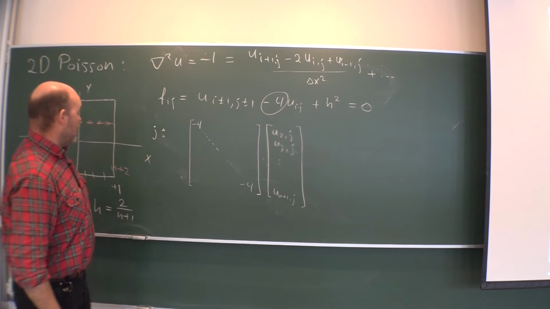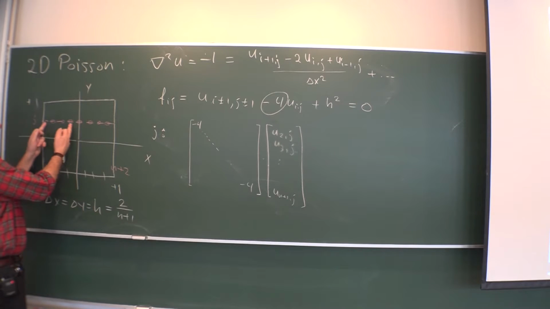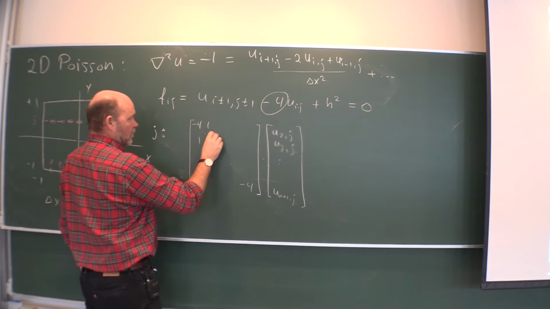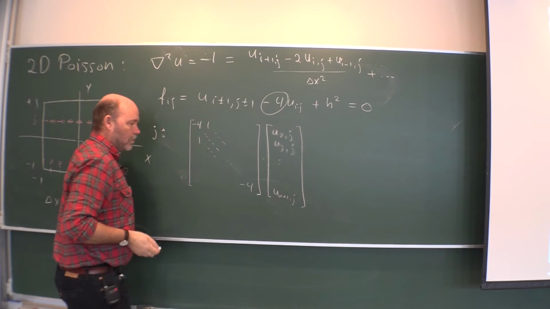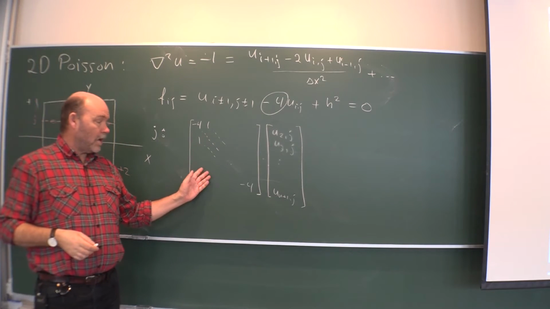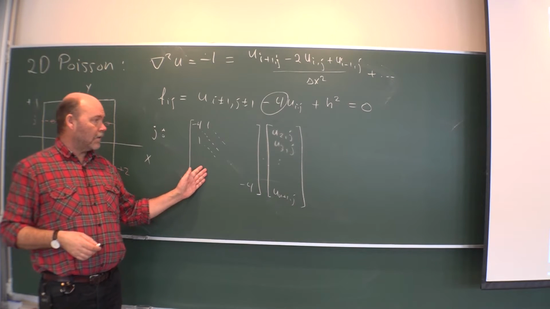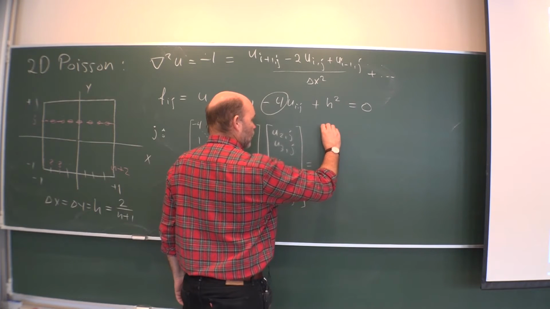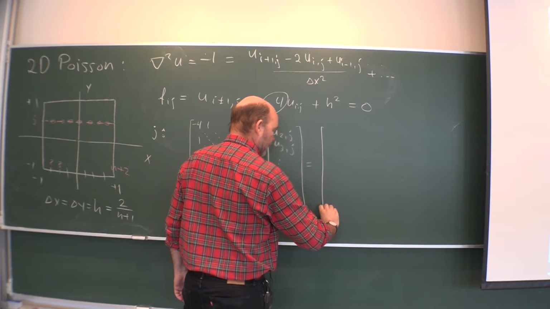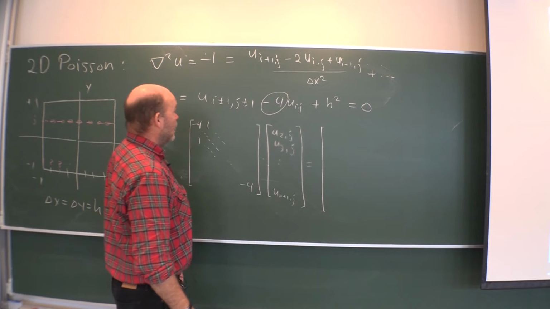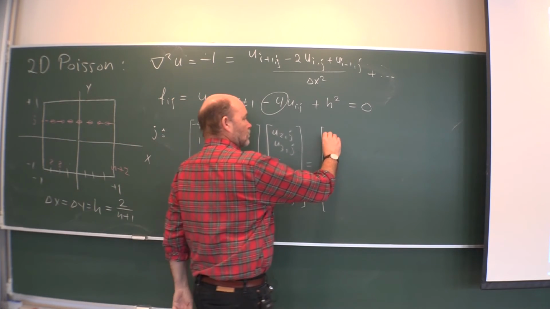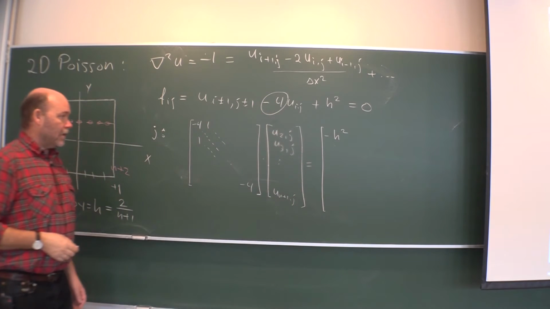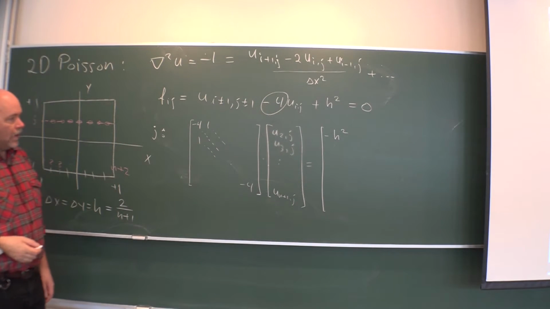And then for the neighbors in the x direction, well, that's the same. 1 and 1 all the way down. No problem there. So yes, you have the standard 3 diagonal coefficient matrix. But what's happening on the other side here? Well, we had minus h squared. Now I have something else. What else do I have?